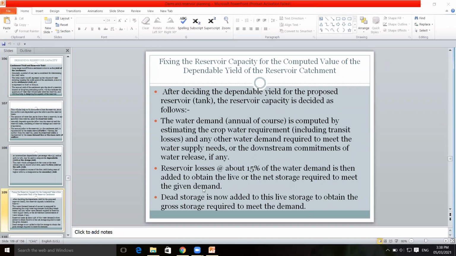Then they are added to obtain the live storage required to meet the given demand. Then day storage is calculated. That is added to live storage to obtain the gross storage. Gross storage is equal to live storage plus day storage.